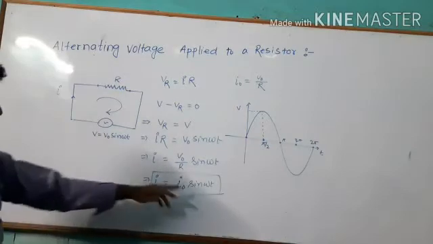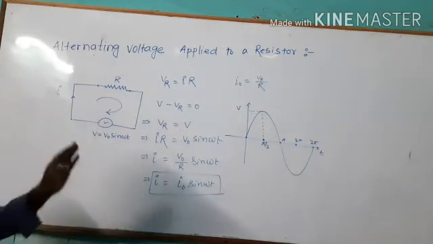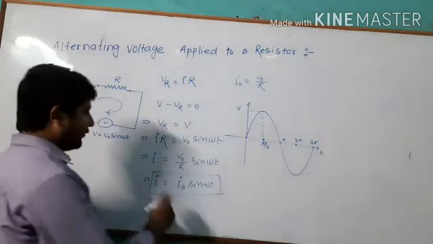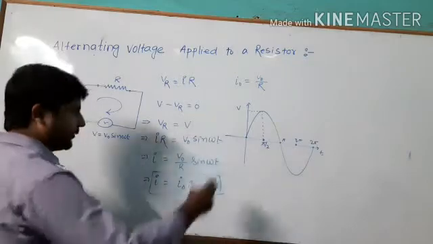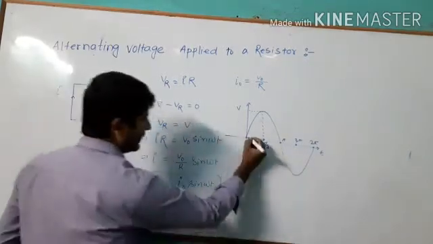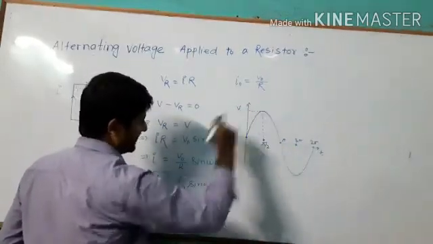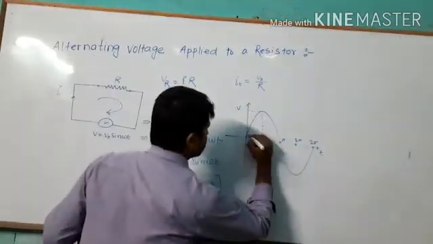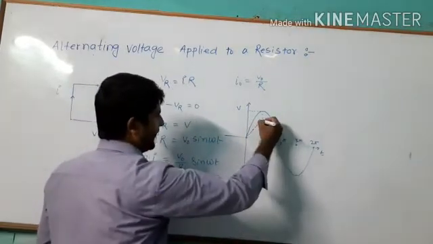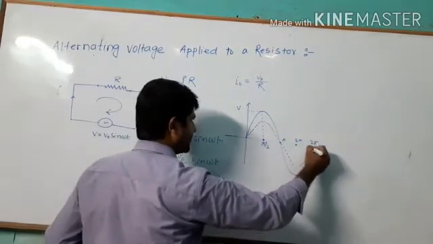Now as there is no phase difference between these two, they are always at the same position at an instant. So when the voltage is 0 at any time, then current is also 0, and after time t, when the voltage becomes maximum, the current also becomes maximum. But the magnitude of this current is smaller.